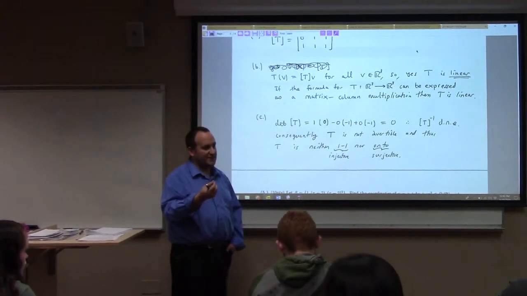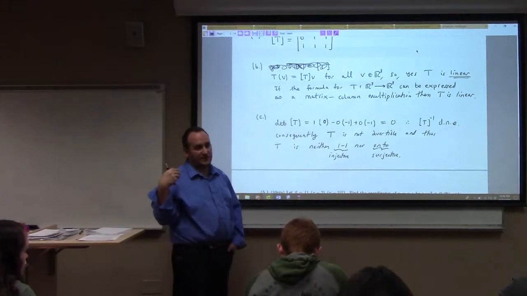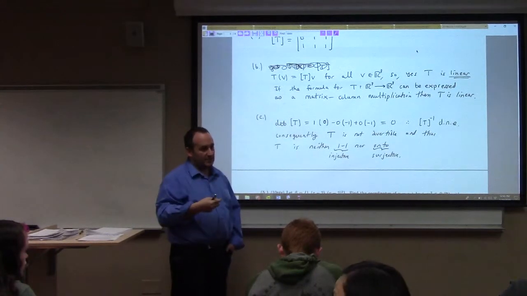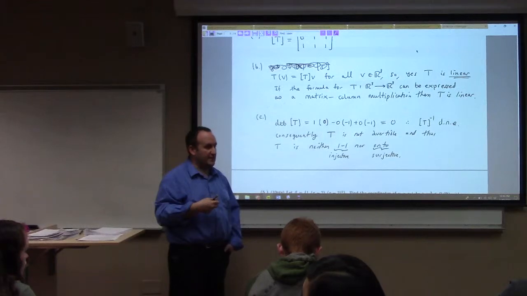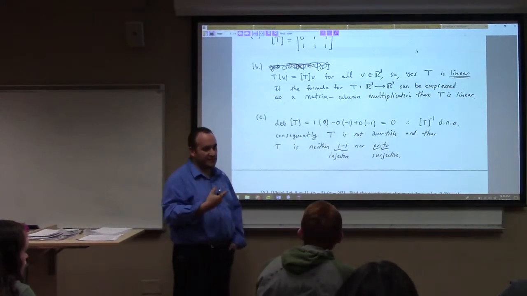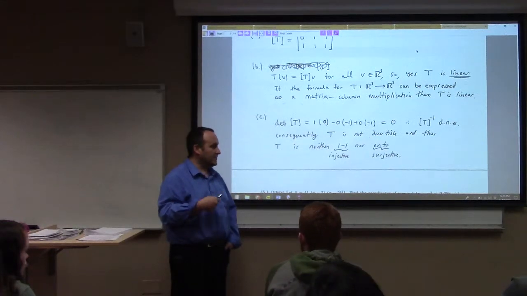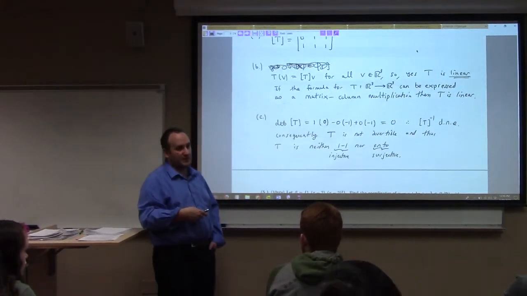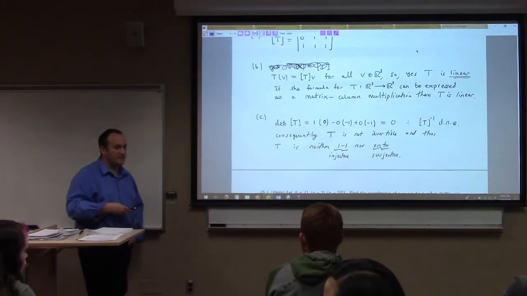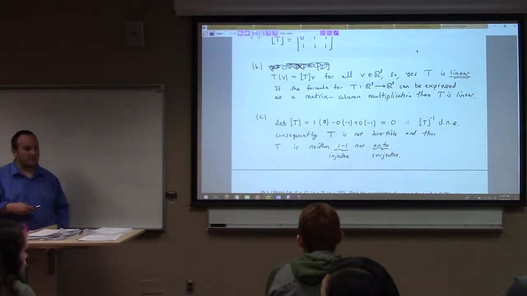How do we check if it's onto? We have to see if the range is the whole codomain. The mechanics depend on the formula and the context. In the context of column vectors to column vectors, we can use row reduction to look at the dimension of the column space and compare it to the dimension of the codomain.